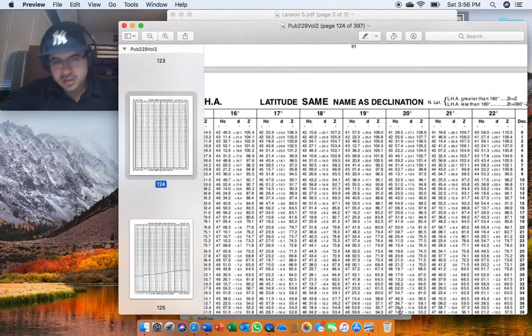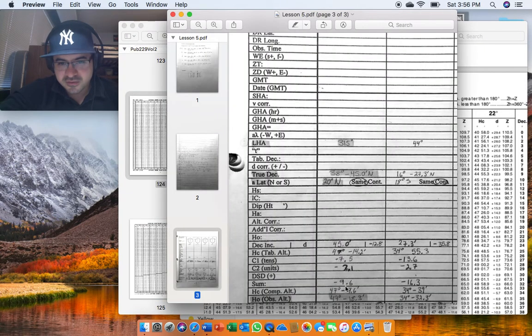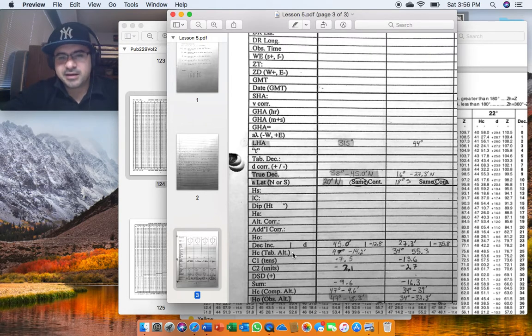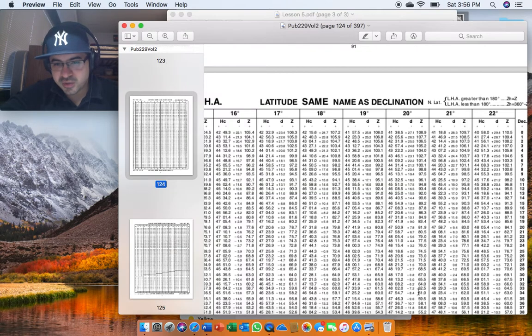4714.2. If you look at our sheet, 4714.2, tabulated. I don't know how to explain that. So you put it right there, right? 47 dash 14.2 minutes, and we're going to get other values as well.